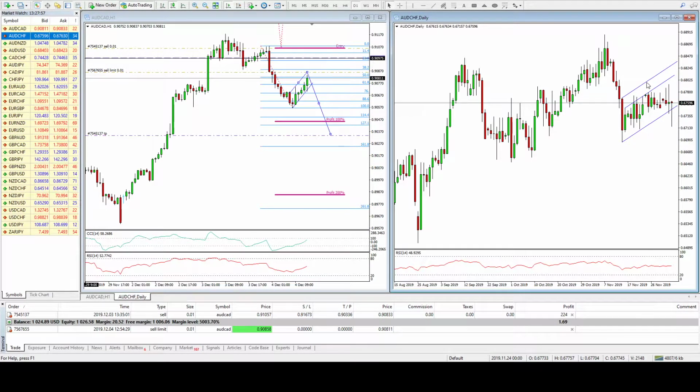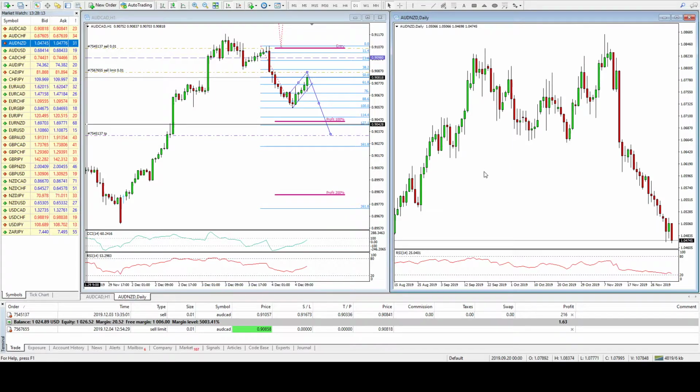Well, we'll see. It tried to break this flag pattern, but it got retraced all back. And there is not much of a volume there. So not good. Missed this one.